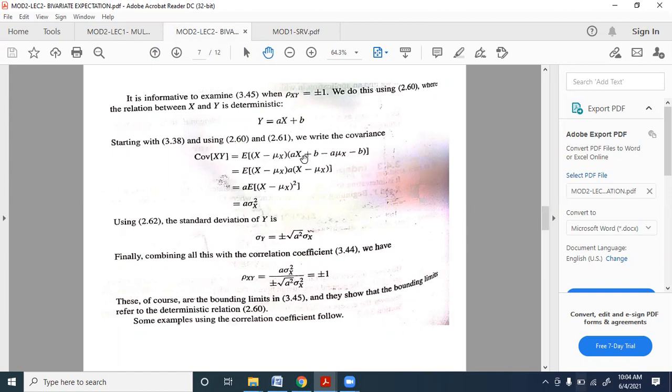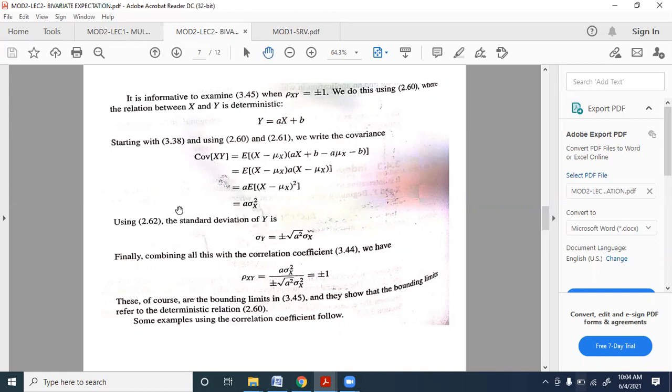From ax and minus a mu x, you can take out a common, and this a can be totally taken out because it has nothing to do with the expectation. It is just a constant, and hence you'll get x minus mu x into x minus mu x, equal to x minus mu x whole squared. And this expectation of x minus mu x whole squared is nothing but the variance, or standard deviation squared. So covariance will be equal to a sigma x squared.